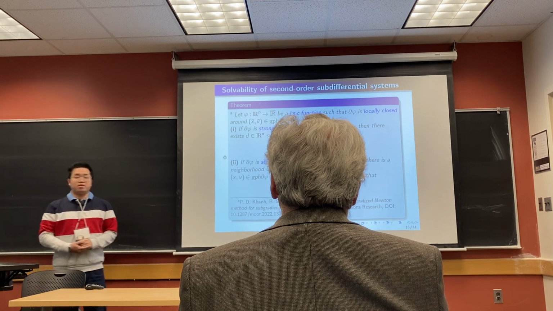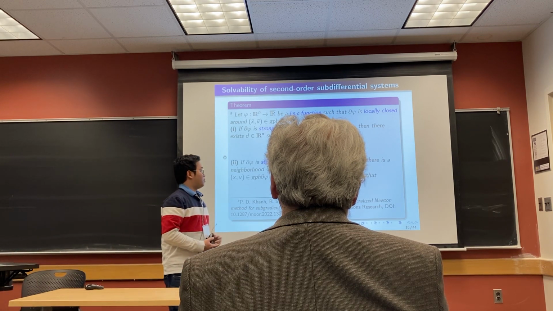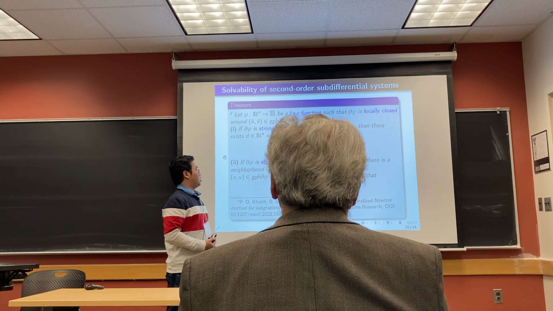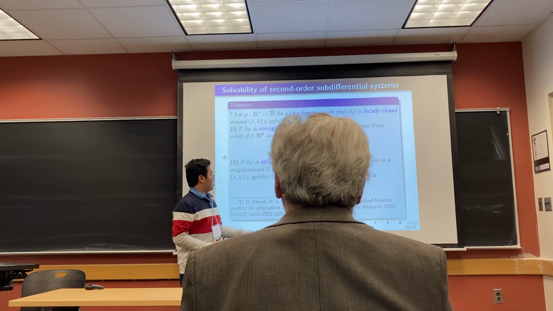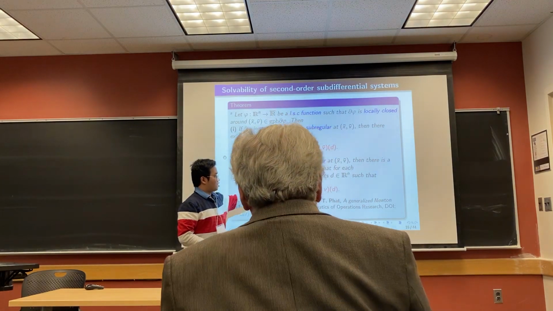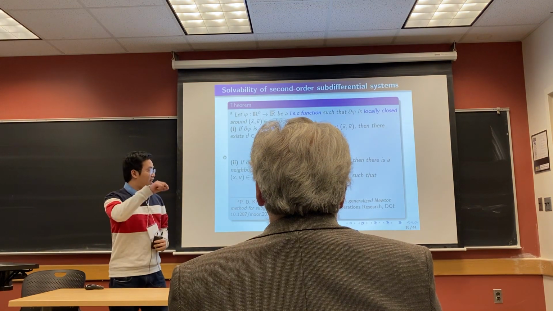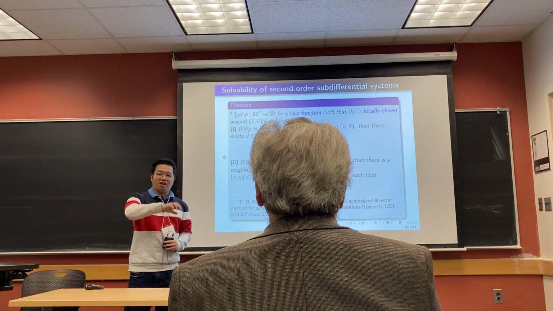Okay, the second result is: if we have stronger properties, like strongly metrically regular at this point, then we have robust solvability. That means we not only have solvability at this point, we have solvability around the point.